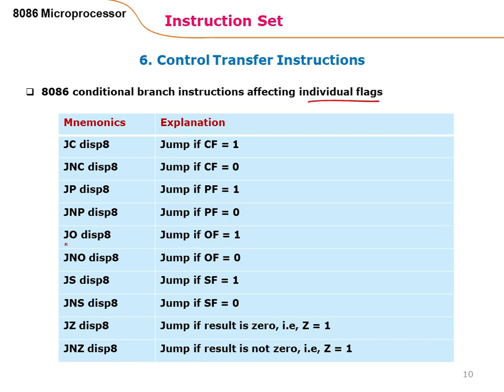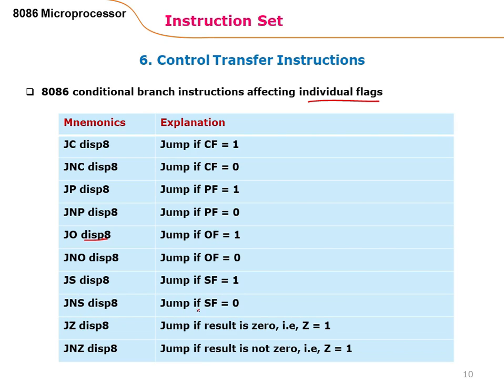JO is used to check if the overflow flag is 1, then it will jump to the given memory location. JNO is jump if overflow flag is not set, that is it is equal to 0. JS will check the sign flag. If the sign flag is set, then it will jump. Otherwise, it will not jump.